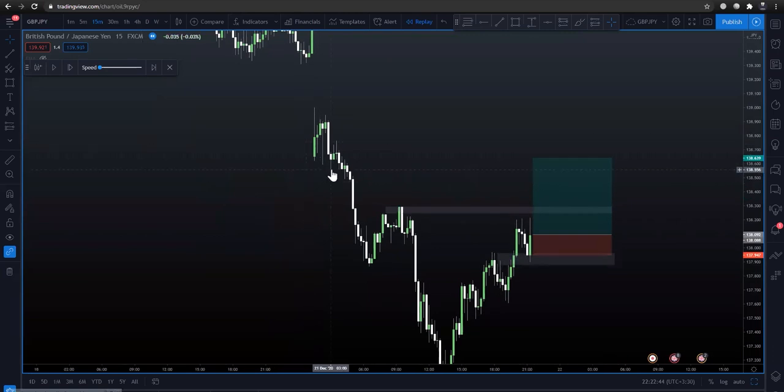While we didn't enter as a buy in this area, we could have. One of the guys asked me, couldn't we enter as a buy without confirmation at this area? We could, as I told you, if you are a master of market structure confirmation, you do not need any candlestick confirmation.